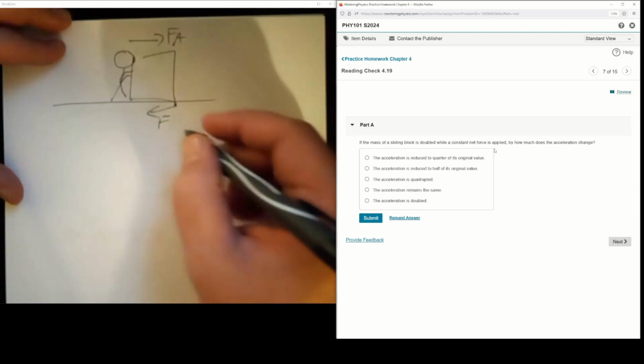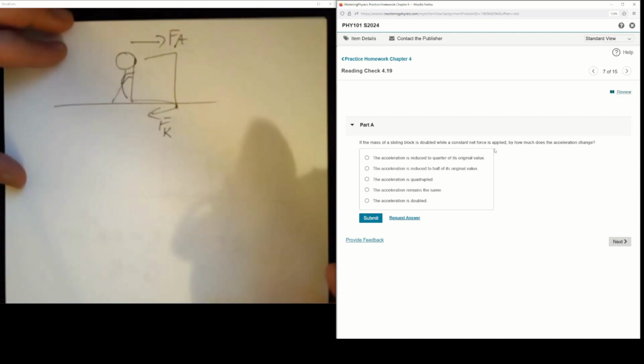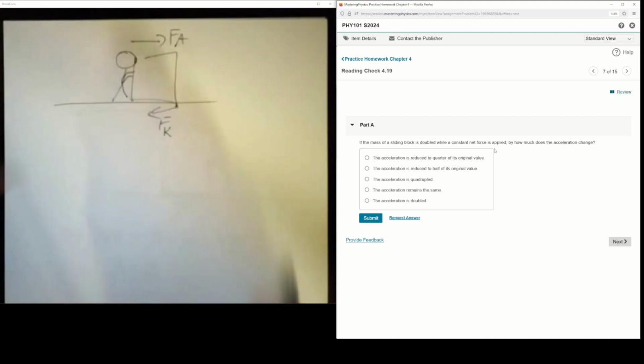If it's sliding, then we're in the sliding friction, again commonly called kinetic, meaning when something's in motion. So now it's moving because they're telling us that it's sliding. So it's moving.